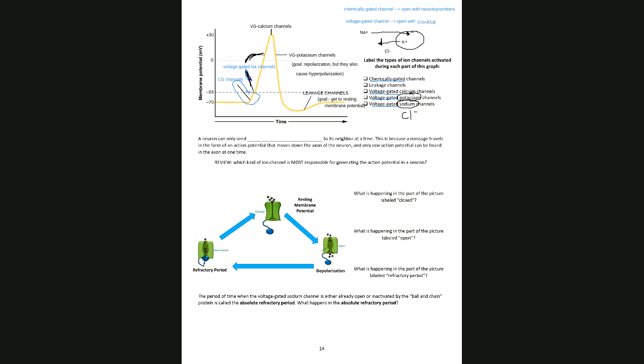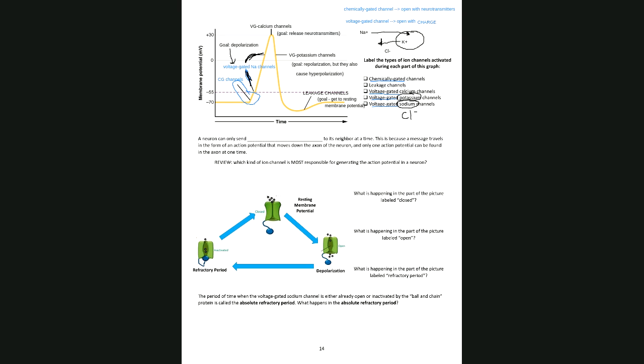And what did we call the process on the left side of the graph where we got more positive? What's this process called right here? This is depolarization. Exactly. So the goal of my voltage-gated sodium channels is depolarization. So I'll draw a little line. That's the goal of these guys.